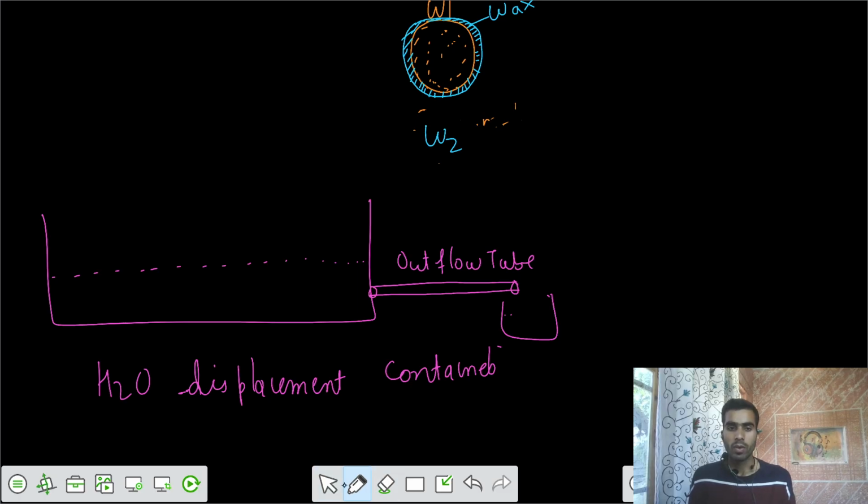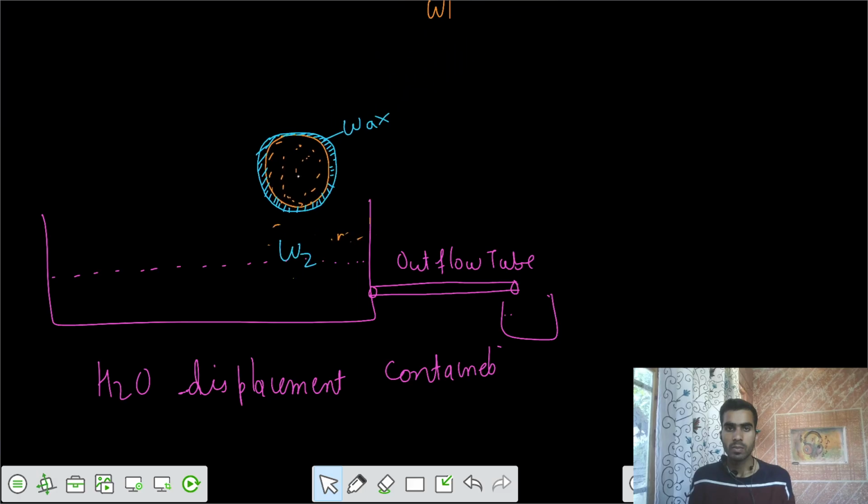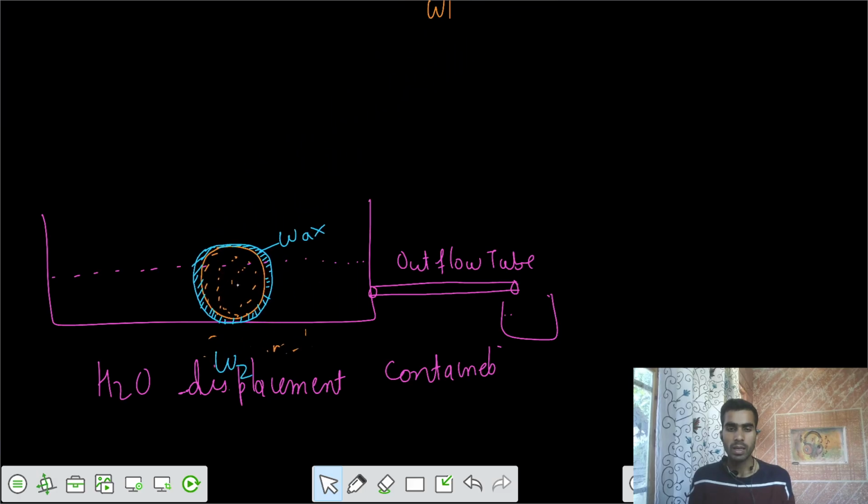Now once we place this assembly inside that container, your water is going to be lost because of the buoyant force, because of Archimedes. So some water has been lost.